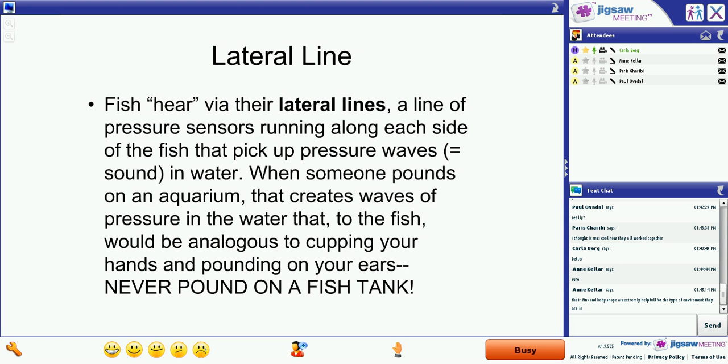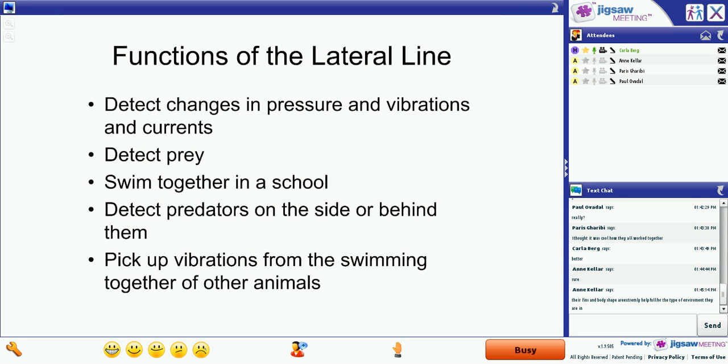So when somebody pounds on the side of an aquarium, it creates waves of pressure in the water. That to the fish would sound like if you were to cup your hands over your ears and pound on your ears. It is very loud to them, which is why at aquariums and fish stores, there's all the little signs on the tank that says, please don't touch the glass. You're hurting the lateral line of a fish.